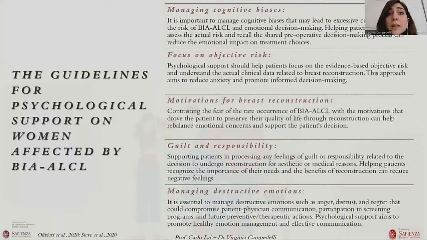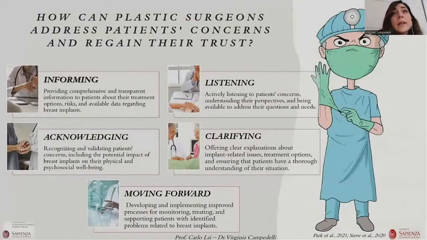Psychological support aims to promote healthy emotional management and improve communication. This approach can help surgeons to rebuild trust with patients and improve the quality of care and patient experience in plastic surgery practice. Firstly, it's crucial to inform patients by providing comprehensive and transparent information.